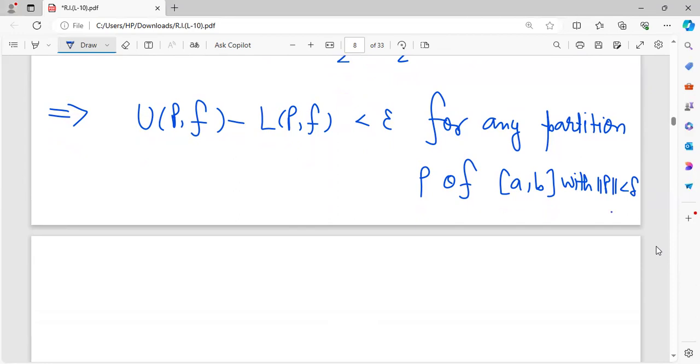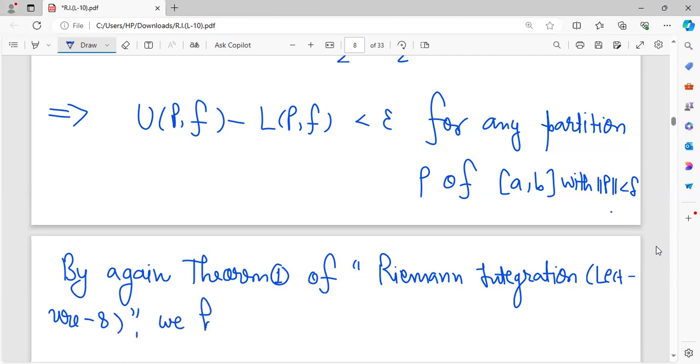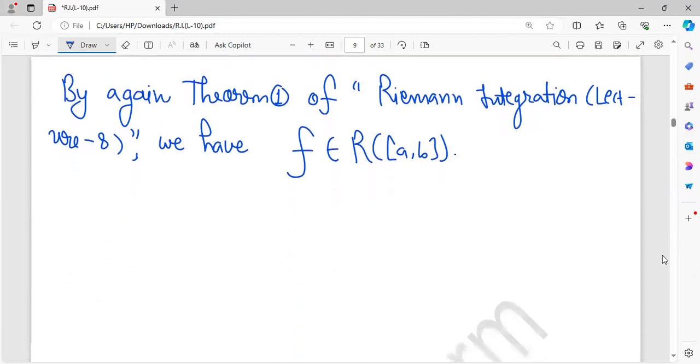So again by theorem 1 of Riemann integration, lecture 8, we have F belongs to R[A,B].